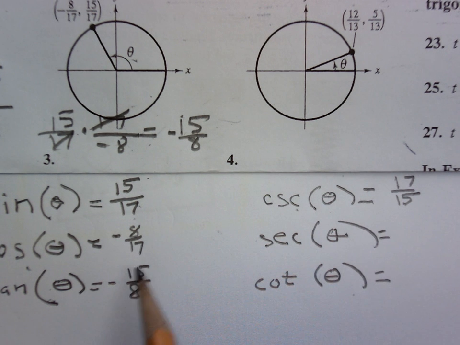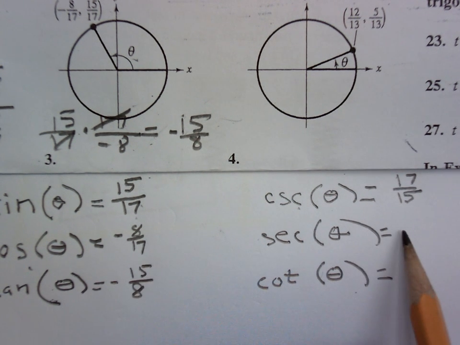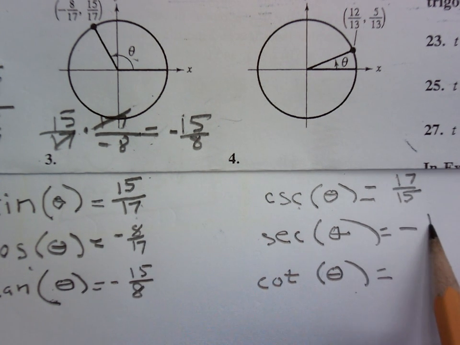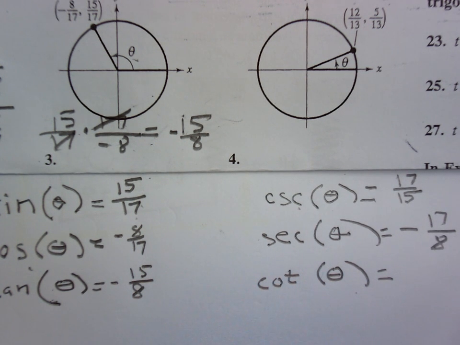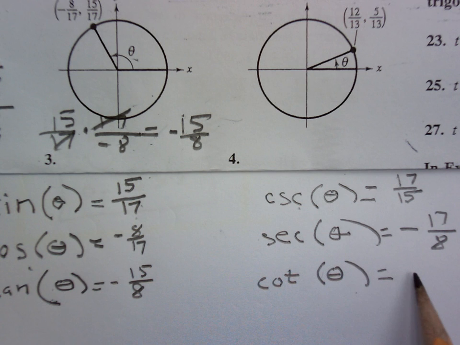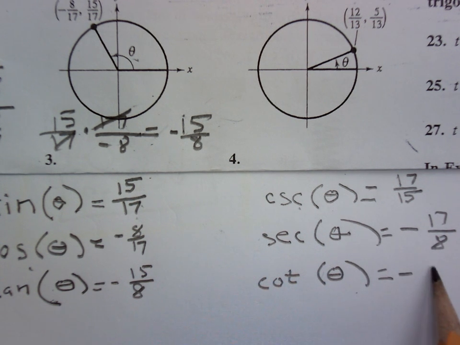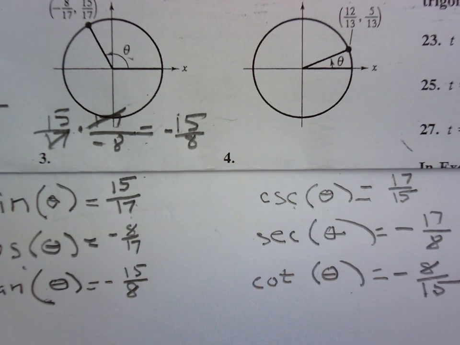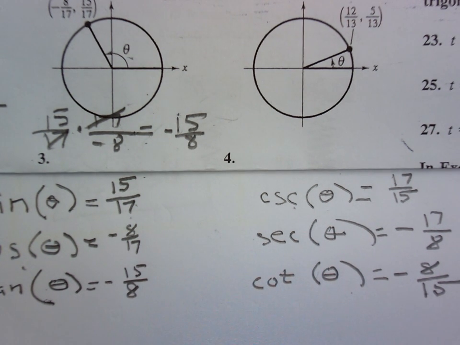What's the reciprocal of negative 8/17? Negative 17 eighths. And what is the reciprocal of negative 15 eighths? Negative 8/15. So those are the 6 trigonometric functions for the theta value in problem 1.